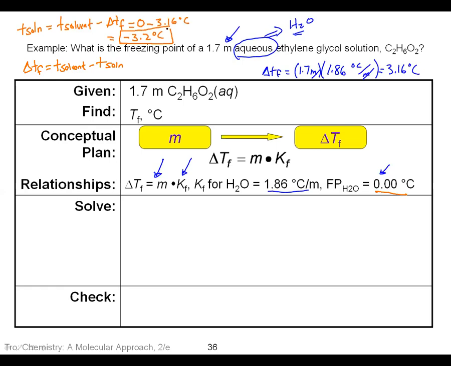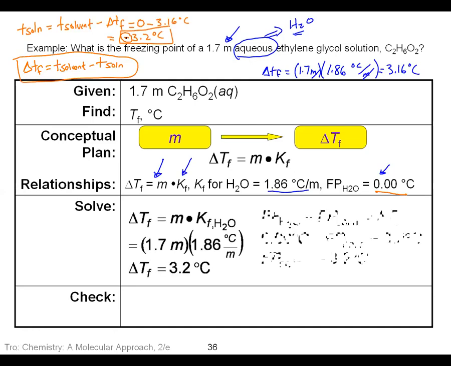It actually drops down to minus 3.2 degrees. That's why, for freezing point, this relationship is really important, because without it, you sometimes will not get the right sign. In a lot of cases, you will add where you should subtract, and vice versa. Any questions on that calculation there?